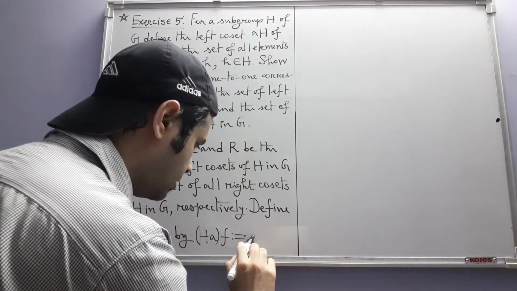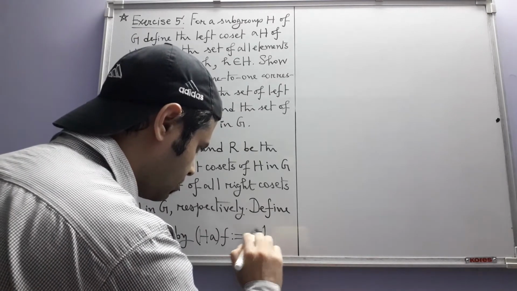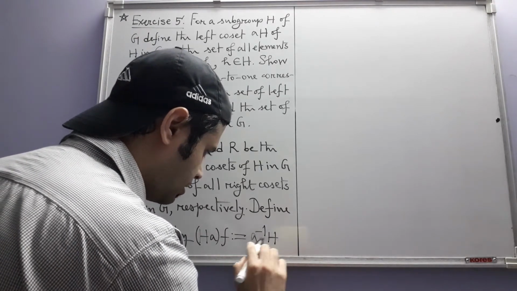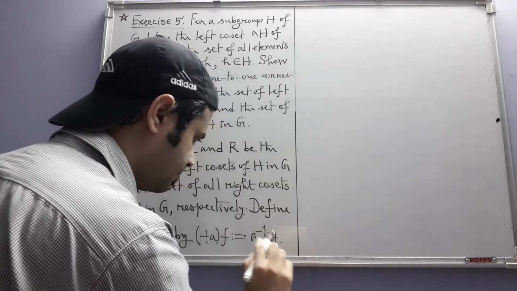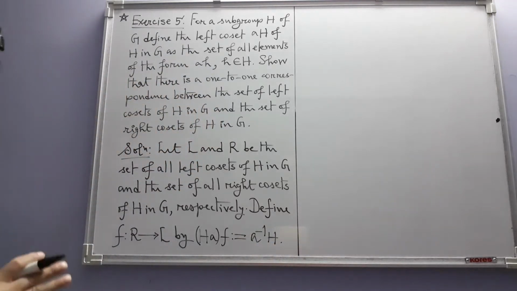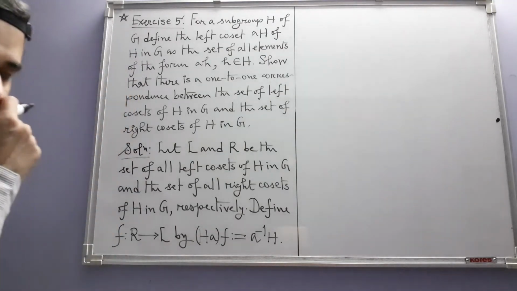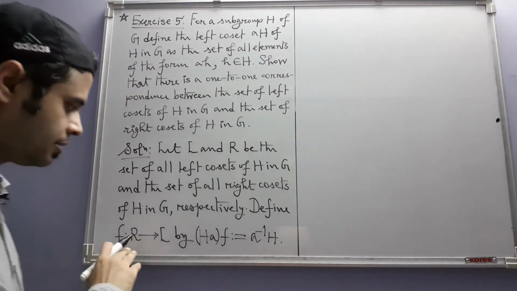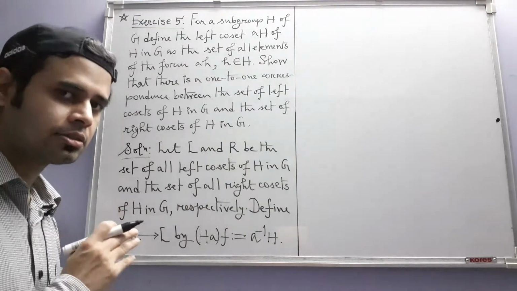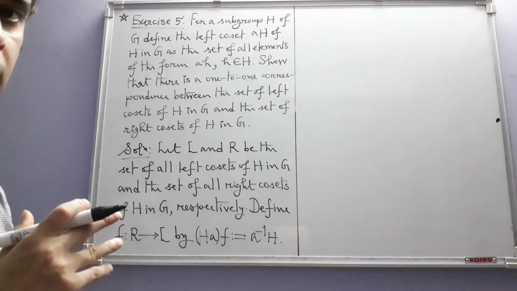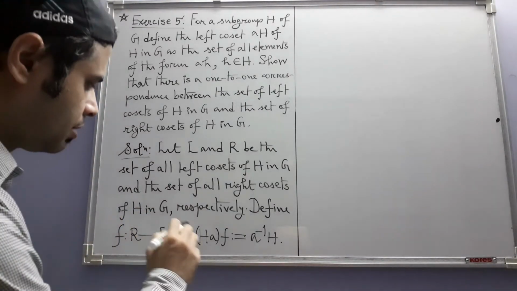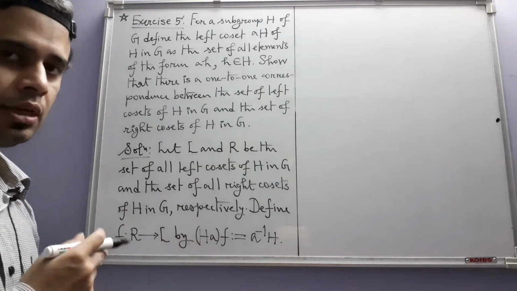We decided to be not aH but a inverse H. Why we are taking inverse, that will become clear once we start working with this function. So having defined this function, our first job is to see whether this function is well defined. That means whether equal inputs give us equal outputs.